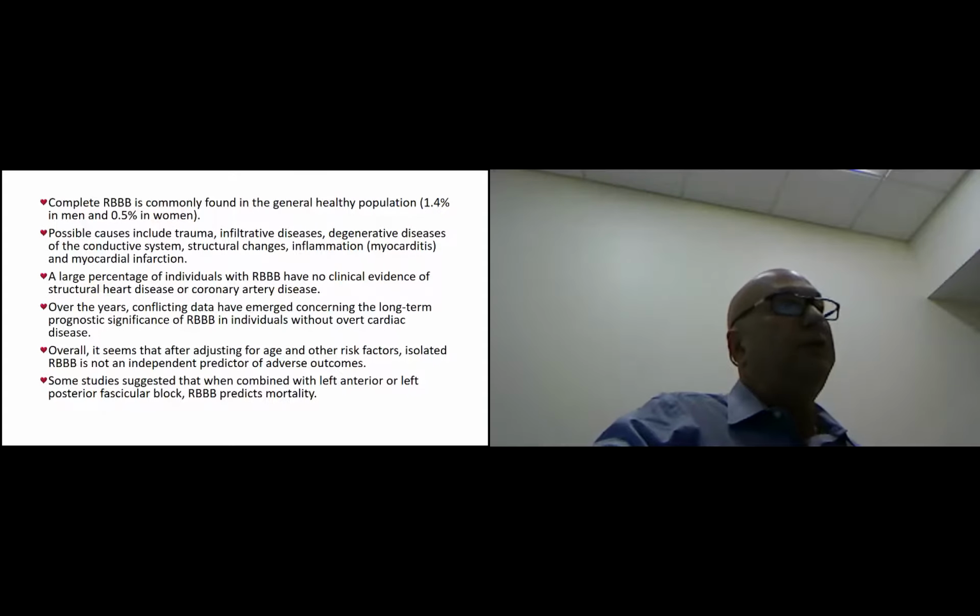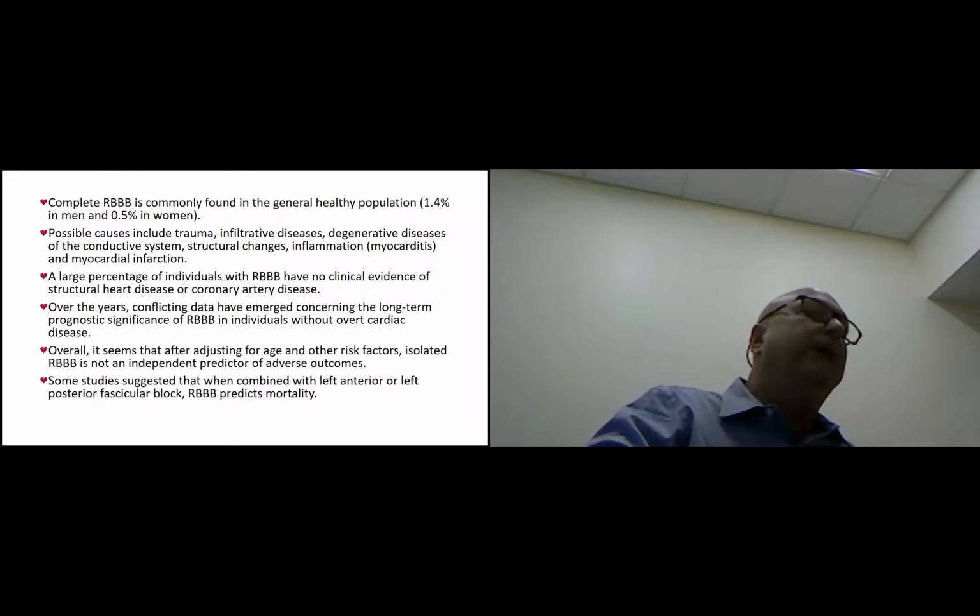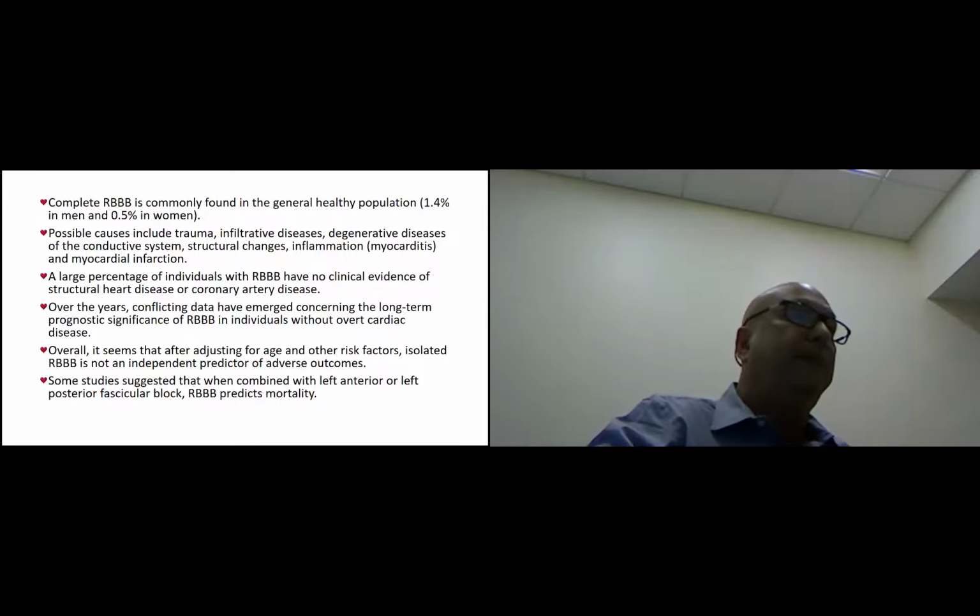However, a large percentage of individuals with right bundle branch block have no clinical evidence of structural heart disease or coronary artery disease. Over the years, there have been conflicting data on the long-term prognostic significance of right bundle branch block in individuals without overt cardiac disease.